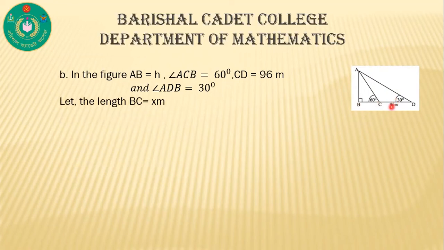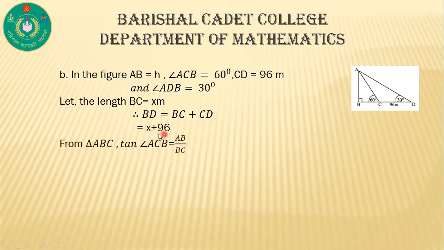Let the length BC is equal to x meter. Therefore, BD is equal to BC plus CD. Now BC is equal to x and CD is equal to 96. That's why we can write BD is equal to x plus 96.